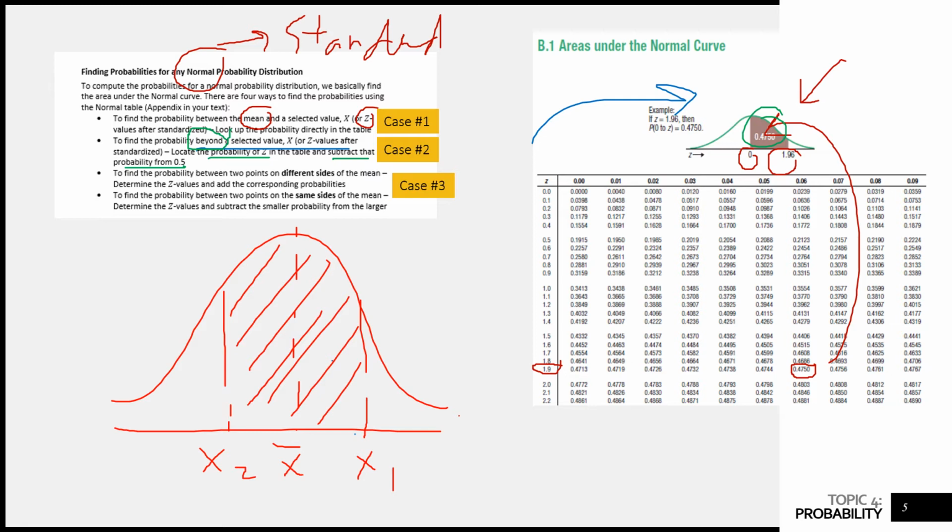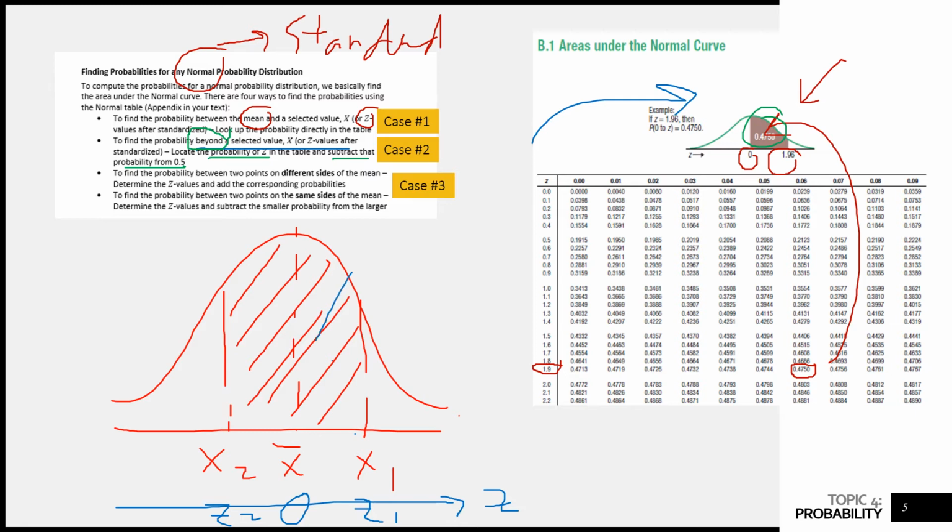So what you need to do first is, number 1, find the z value for all of it. Whenever we standardize the mean, you get 0. You standardize x1, you get z1. You standardize x2, you get z2. So you look at the table: what is z1?